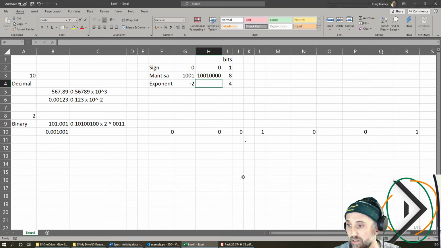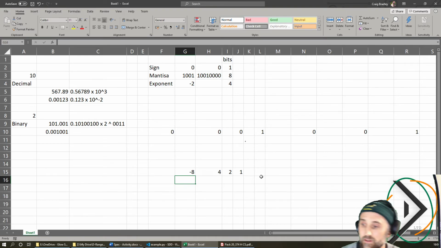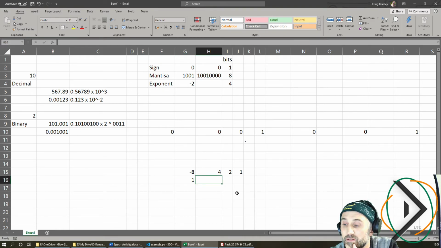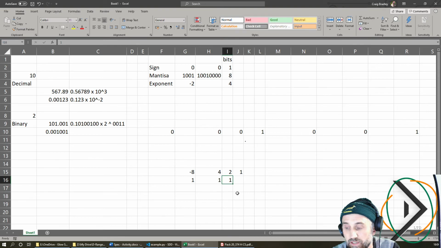For my exponent, I need to come up with my 2's complement representation again. It goes 1s, 2s, 4s, and my biggest bit is going to be negative. So I'm going to have a negative 8, because it is a negative exponent. I need to get to the value negative 2, so I need to add 6 to negative 8 to get that. So that's 1, 1, 0 for the 6, and negative 8 plus 6 is negative 2.